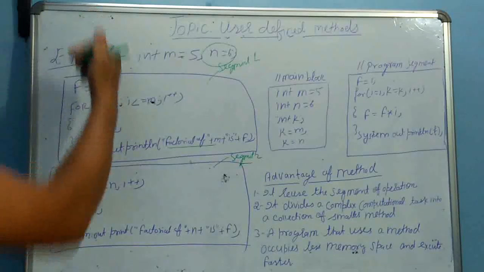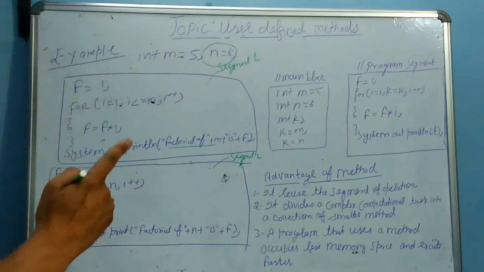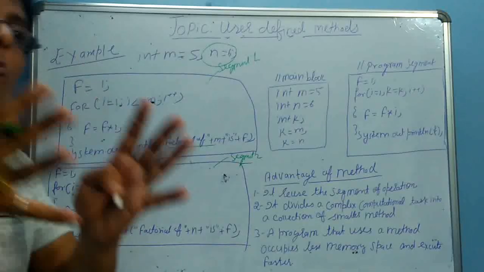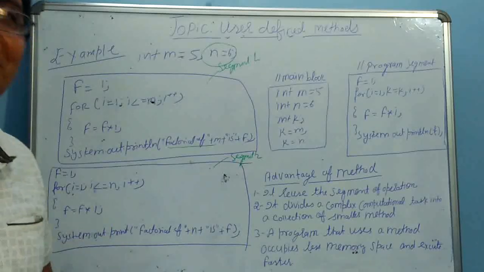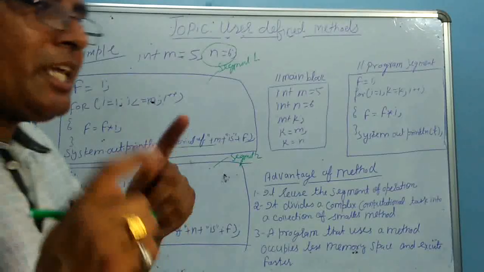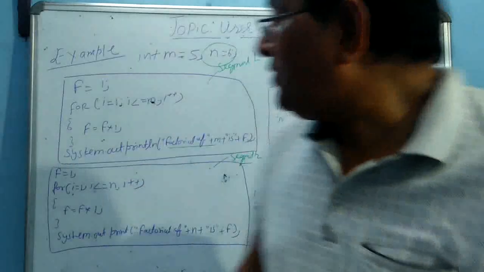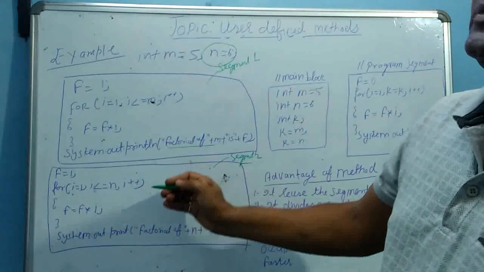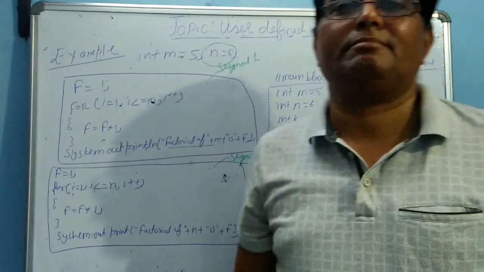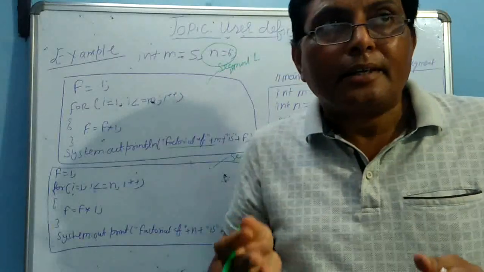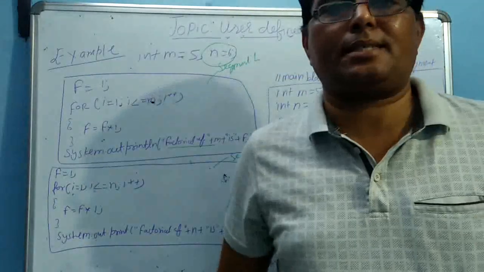And now, for example, I have already told you, suppose you have two mobiles in your pocket, so then they will take a lot of space. In the same way, if you will make two programs for the same problem, then they will take more space.